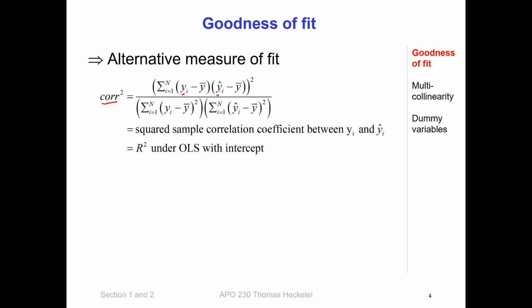And in the case of OLS, actually these two are equivalent, so they're the same. However, for other cases like OLS without intercept or other estimators, they may not be the same. If the R-square can go below 0 for those cases, then the correlation coefficient never goes below 0. So it's more generic in a way.